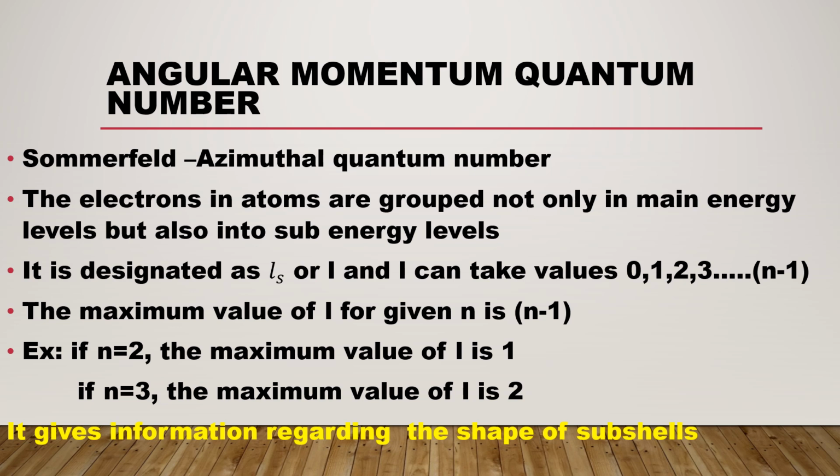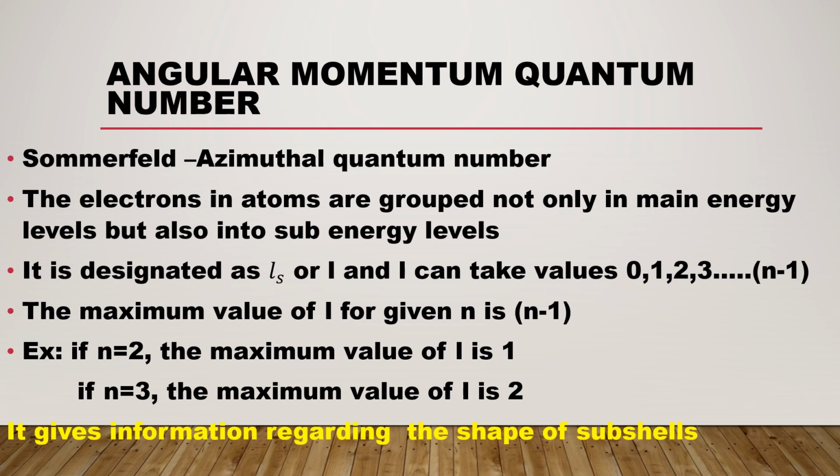Minimum value of l is 0. Maximum value of l is n-1. If n equals 2, what are the minimum and maximum values of l? Minimum value of l equals 0. Maximum value of l equals 1.